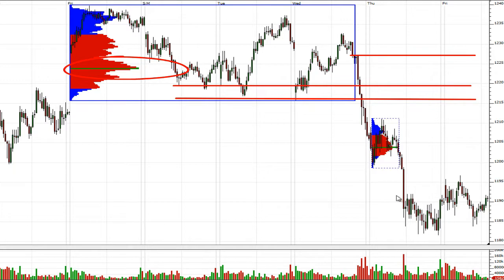And so our analysis would be that the market was in a 5-day balance. It broke out with aggressive sellers, initiative activity to the downside, and it quickly built value below this major value area. This is showing that prices are getting accepted below the previous value, at least momentarily.